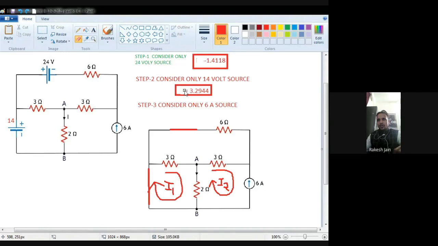I1 is equal to 14 plus 2.472, that is equal to 16.472, now divided by 5, so that will be equal to 3.2944 ampere.